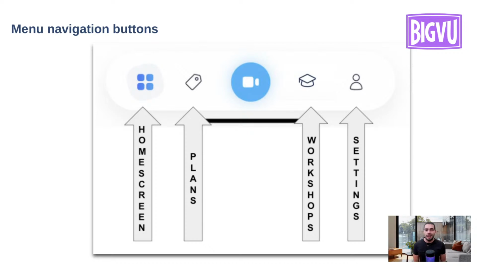Also, the next icon that you see is workshops, right now it's the club of experts of Bigvu. So here you're going to find a lot of free content teaching you how to do marketing, how to create a script, how to record a video, how to grow your brand. All of this you're going to find in the club of experts of Bigvu. And if you are an expert, you can be part of this club of experts.